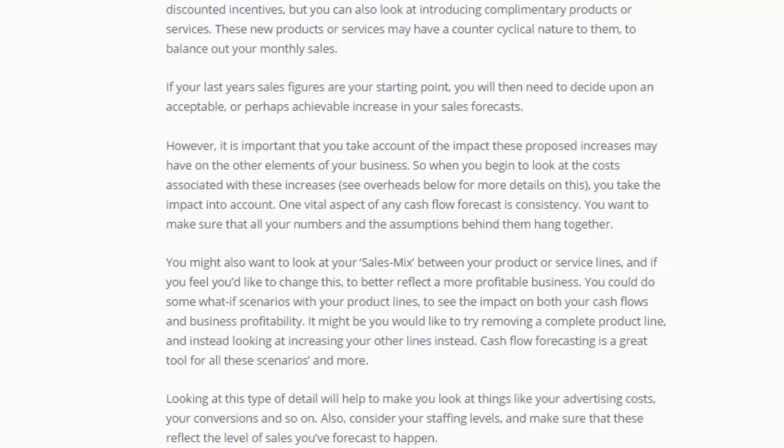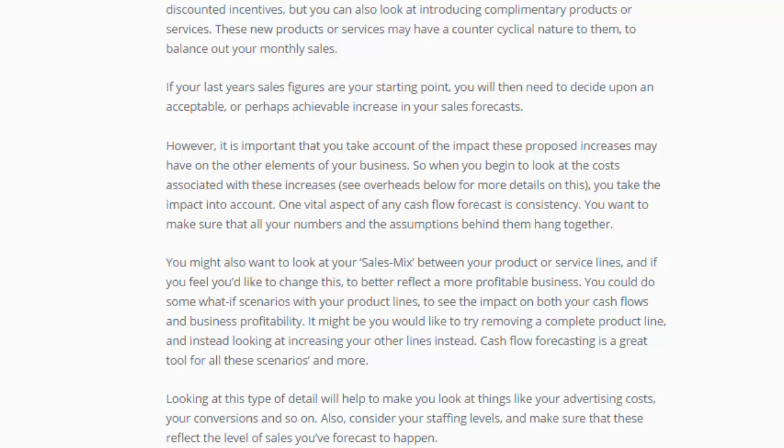You can use your cash flow forecast to do various what-if scenarios with your different product lines, and that's the beauty of it, is planning forward to say, well, okay, what if I sell more of this one or sell more of that one? What if I cut this one out? How is that going to impact my profit?